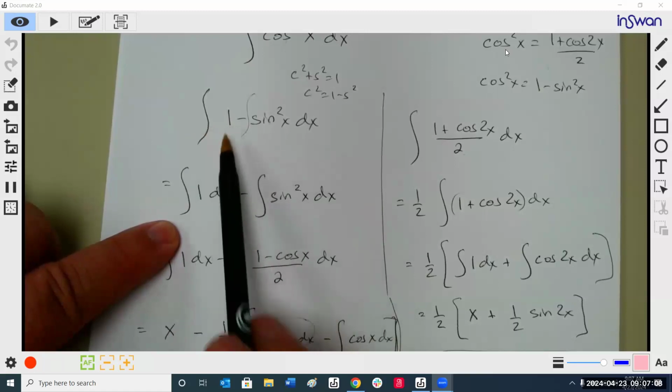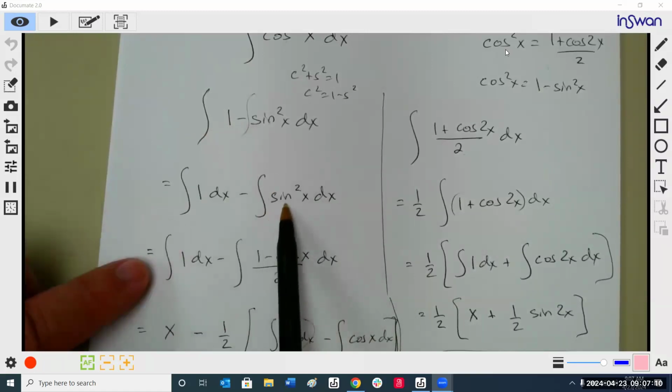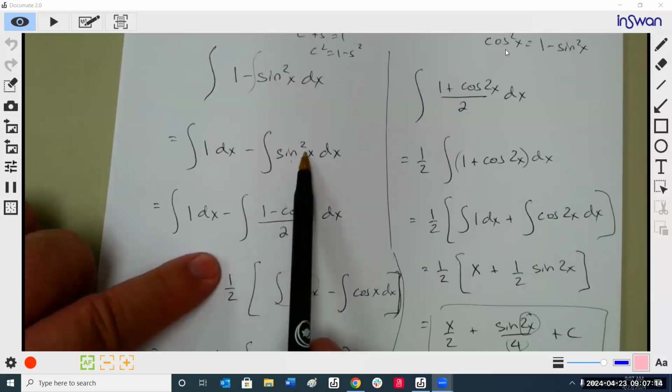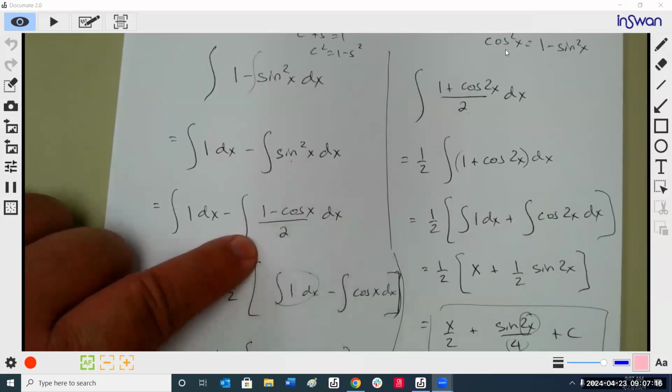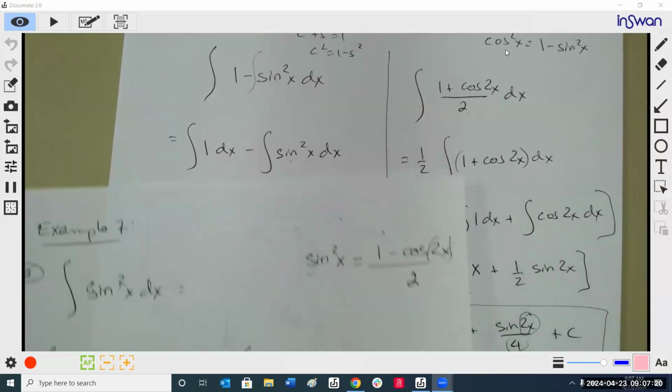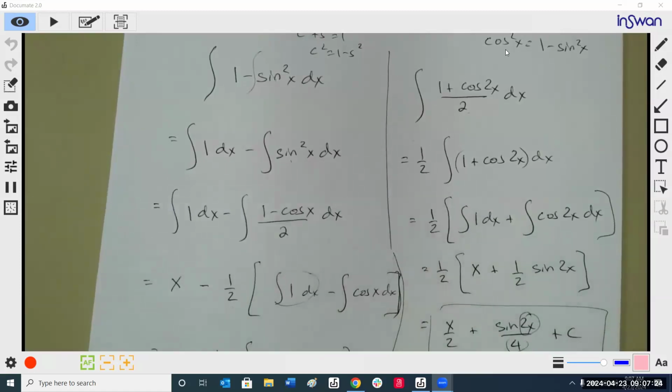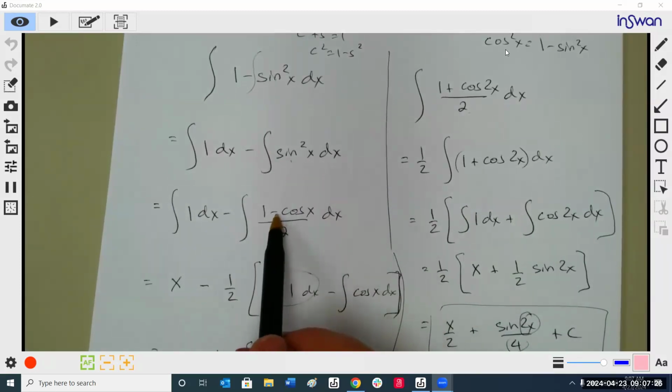The integral of 1 minus the integral of sine squared. Now the sine squared, we did that earlier with a double angle. It's 1 minus cosine. So that's why that one's a negative there.